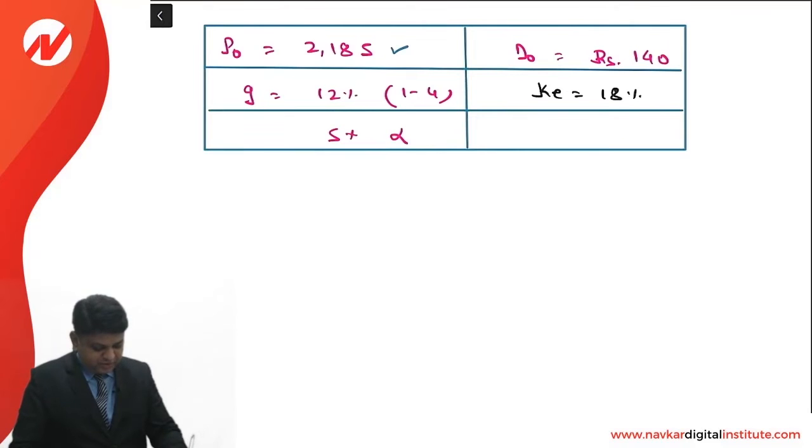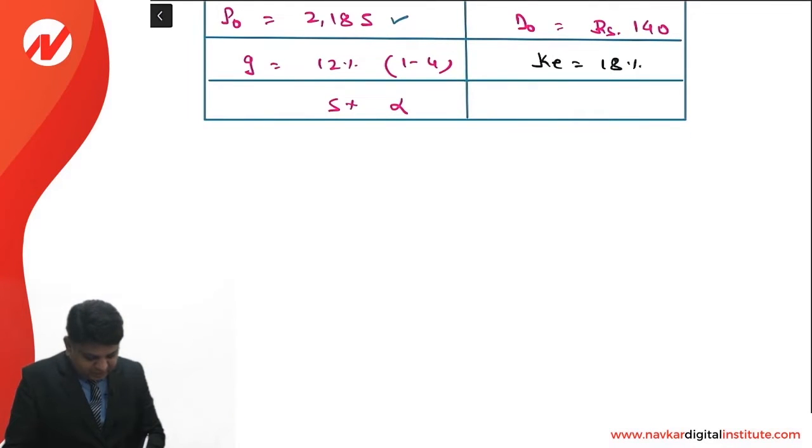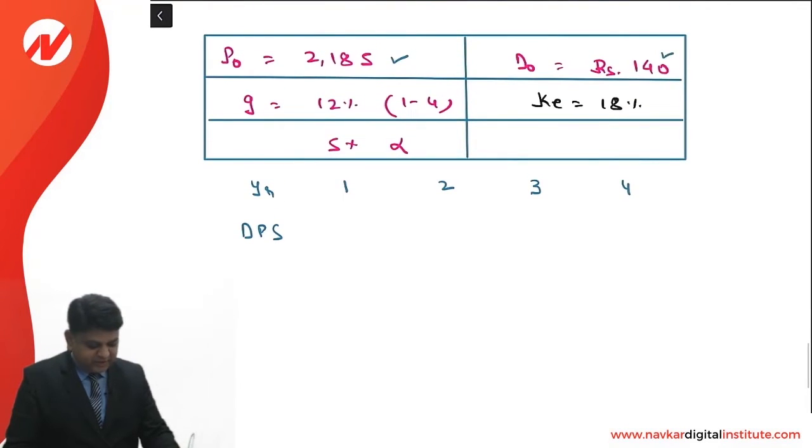Understand carefully, dear students. We have to solve this question from an investor point of view. Whatever the income that the investor is going to receive in future, the present value of the same is P0. That is the way we are required to compute P0. So listen carefully to what I am going to say. First year, second year, third year and fourth year. The dividend per share is 140 rupees plus growth rate of 12%.